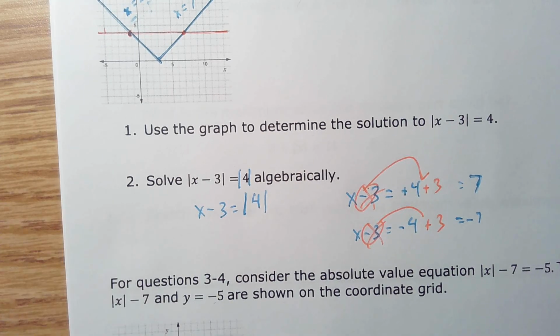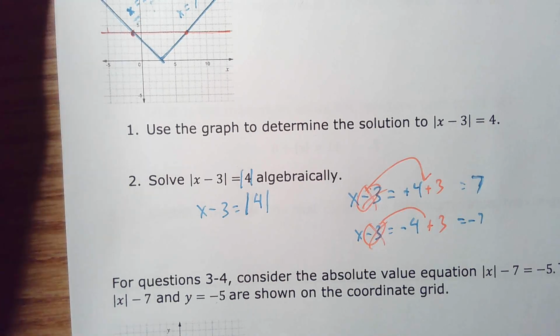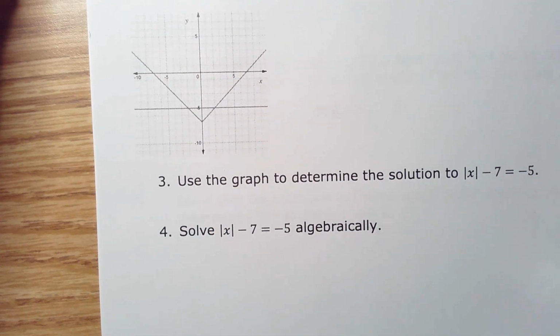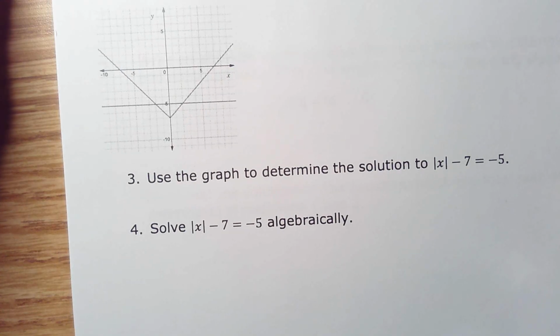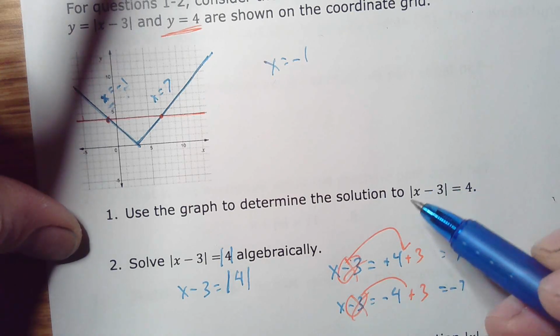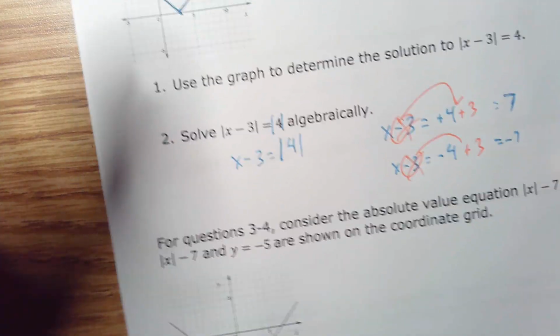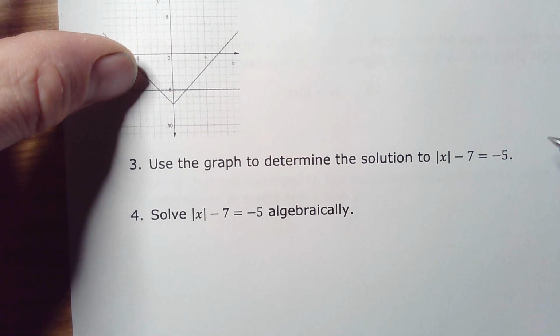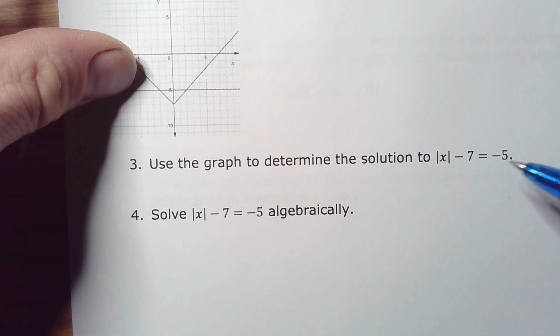Okay, so there's one example. It's pretty simple. Let's go to another one. This one's a little bit different here. Right, instead of having the absolute value of x minus something equals 4, it has the absolute value of just x minus 7 equals -5.